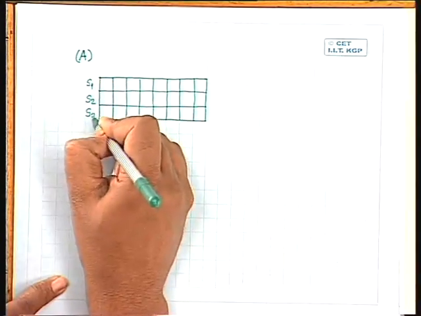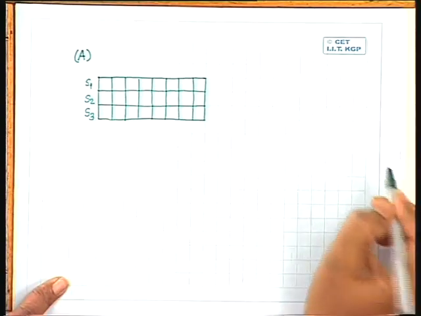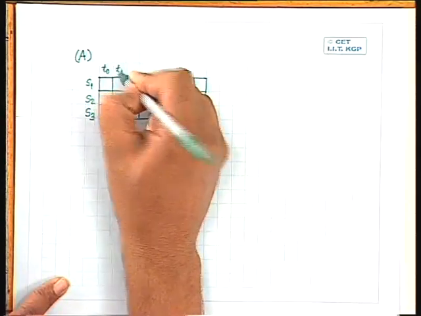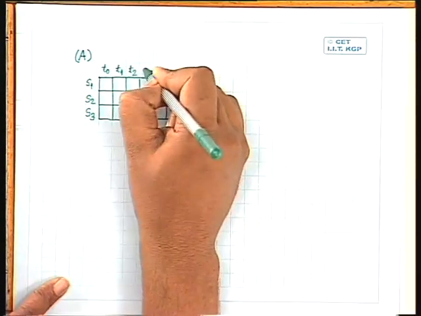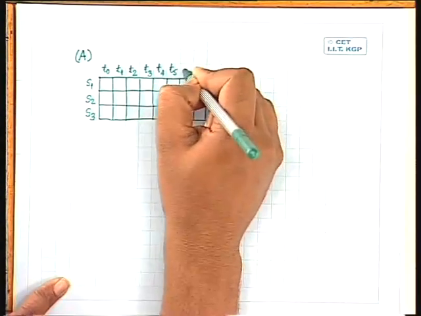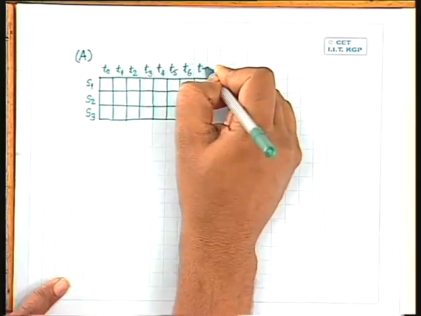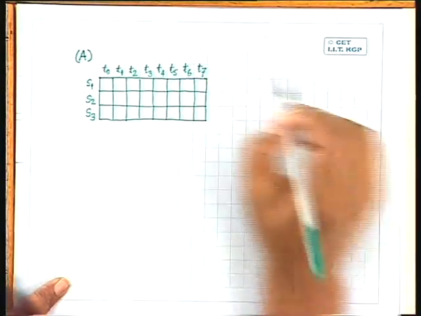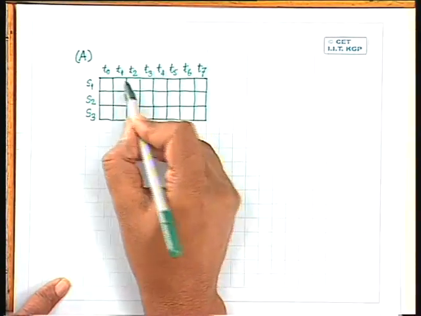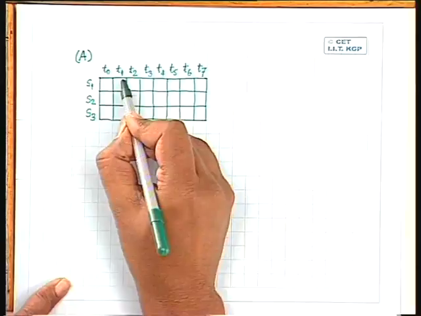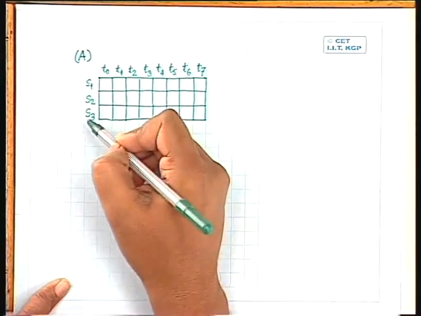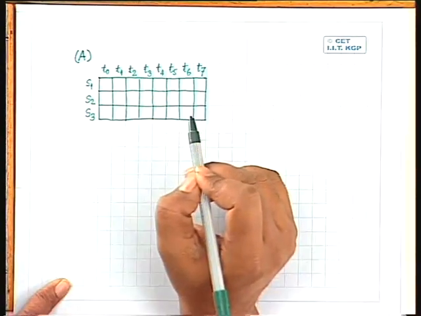There are three computation stages, S1, S2 and S3, okay, and these are the different time steps or time periods T0, T1, T2, T3, T4, T5, T6, T7. Okay. So, when I specify the reservation table for function A, what I have to specify is during which of these time periods, which of the computation stages will be used by this function A. Okay.